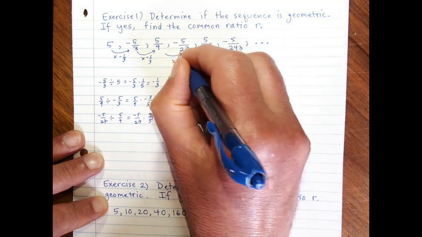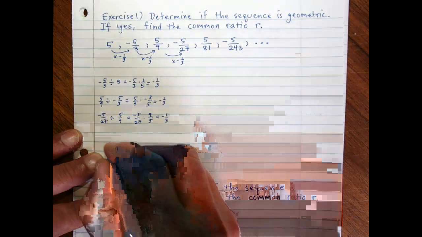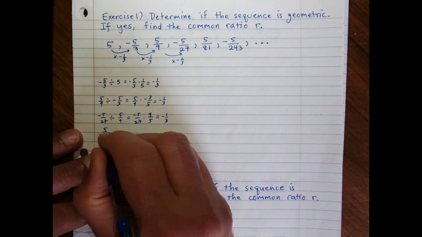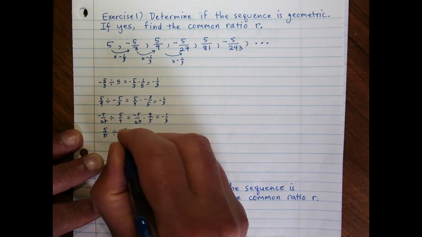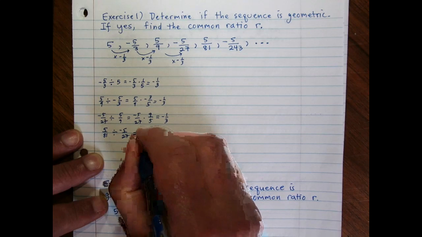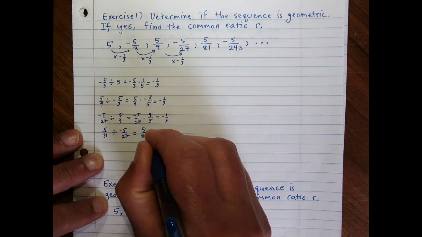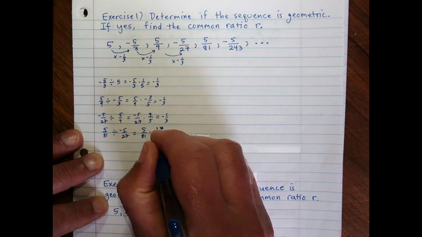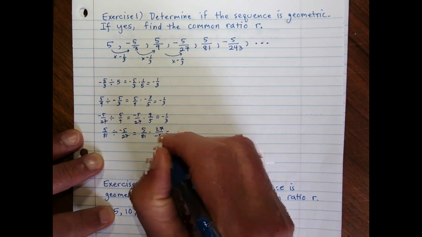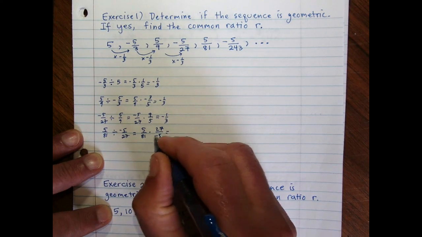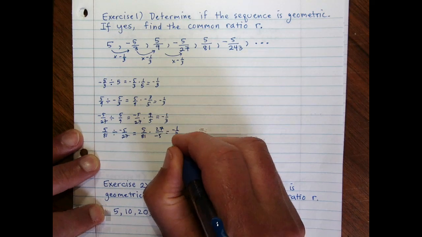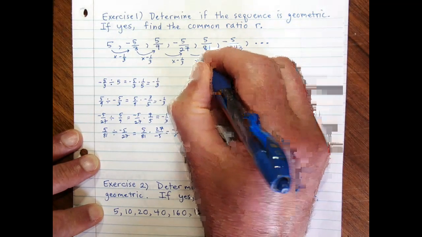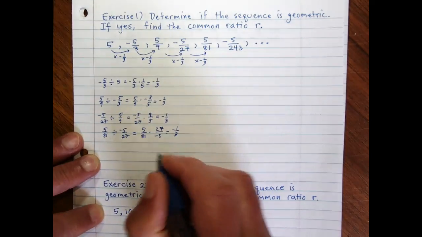So far so good, times negative 1/3. 5/81 divided by negative 5/27. It's 5/81 times 27 over negative 5. 5's will cancel, and a lot of factors of 3 will cancel. I get negative 1/3 again. So it's still working, times negative 1/3.